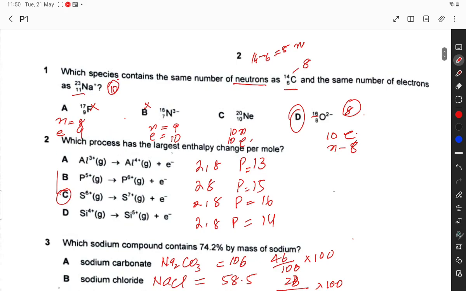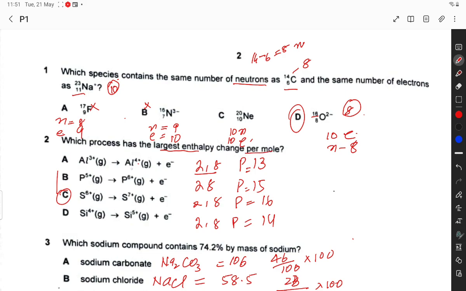Which process has the largest enthalpy change per mole? Aluminium 3 plus and 4 plus. Protons are 13 and electrons 2, 8, 10. So this is the next shell, which has the largest enthalpy change per mole.